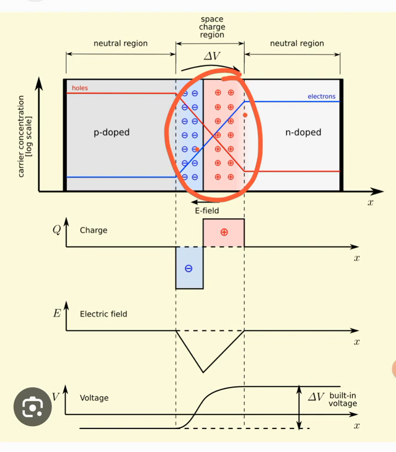And this process forms the built-in voltage. So the voltage profile is shown over here. As we can see, in the depletion region, that is this region, the voltage is there, and this much voltage is called delta V, the built-in voltage.